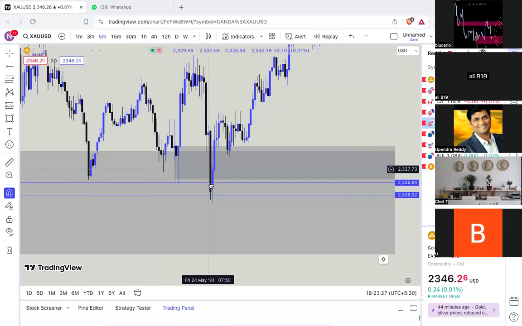Engulfing buy fail, and here we have hidden engulfing. Retest and flew away. On M5, you will get a small stop loss. On M15, you get bigger stop loss, but M15 is more accurate than M5.